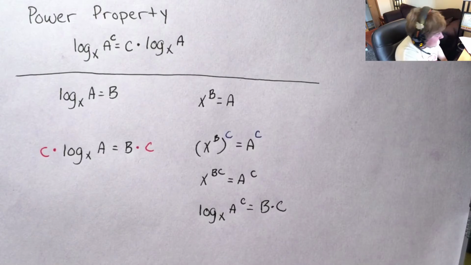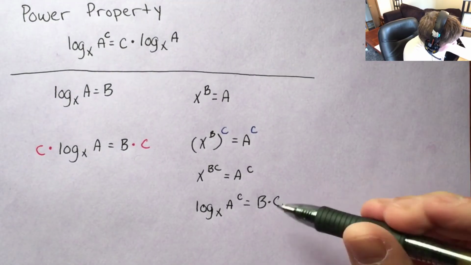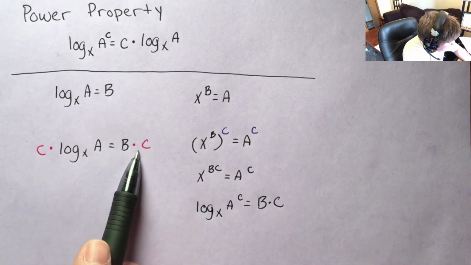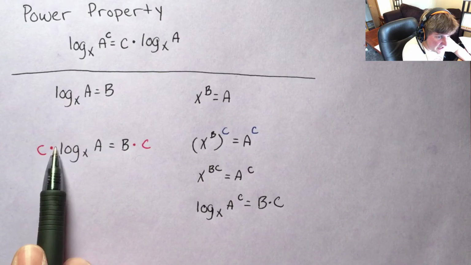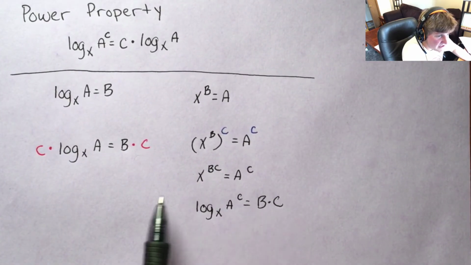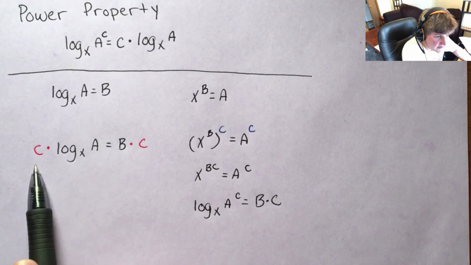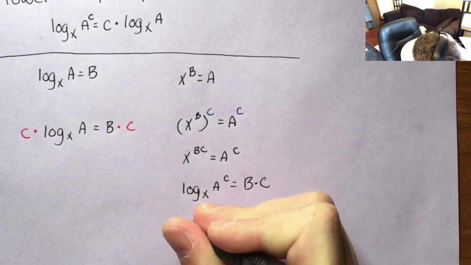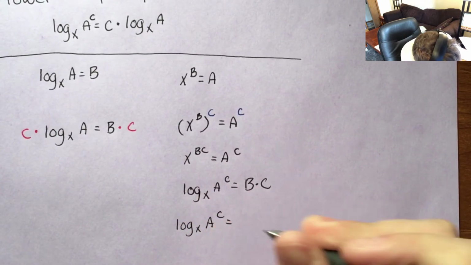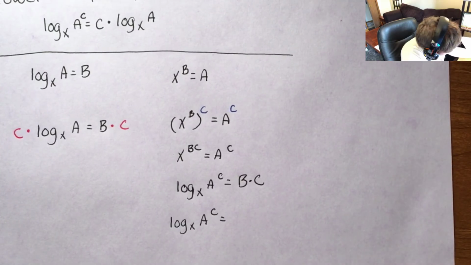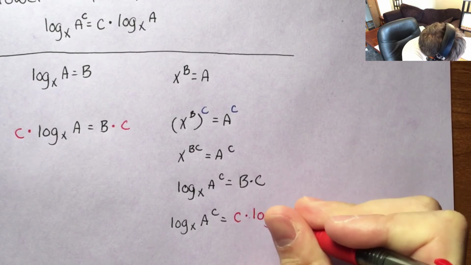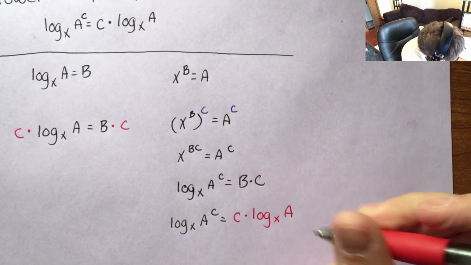As I'm looking at this, I know something else that b times c is equal to. If you look over here, b times c is equal to c times the logarithm base x of a. So I can completely replace b times c with this. So the logarithm base x of a to the c power is equal to c times the logarithm base x of a.